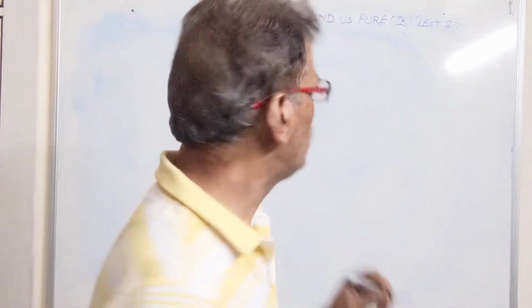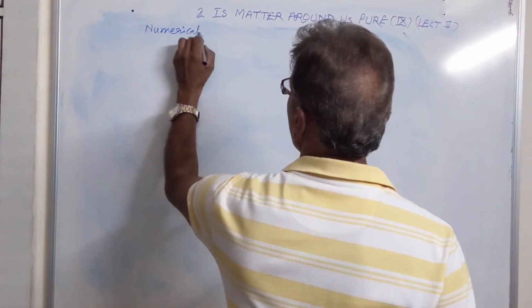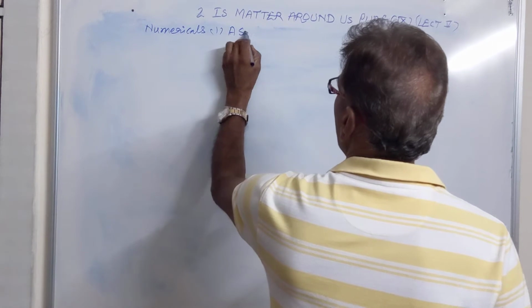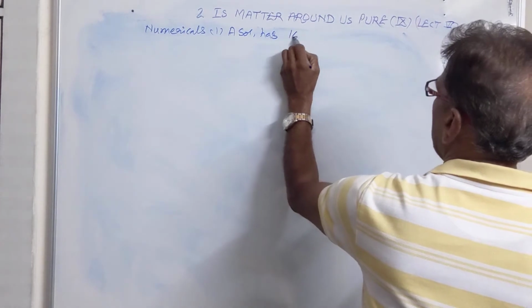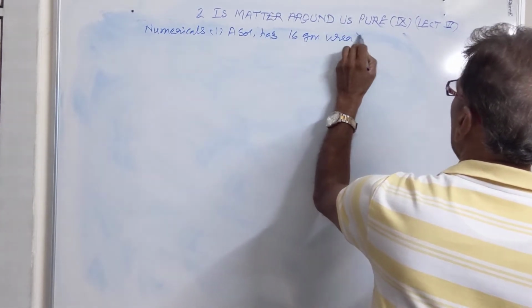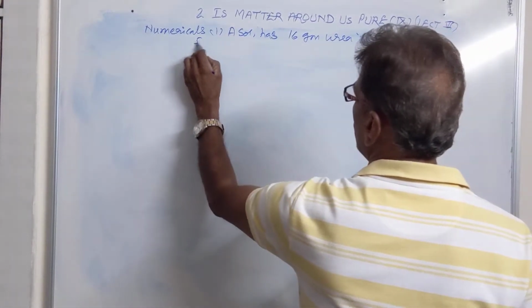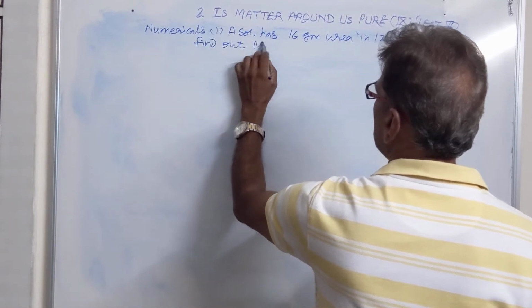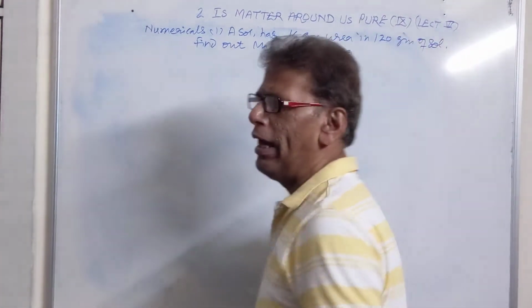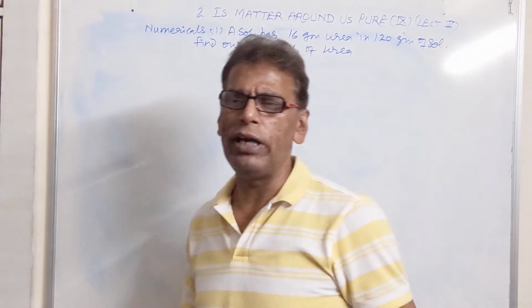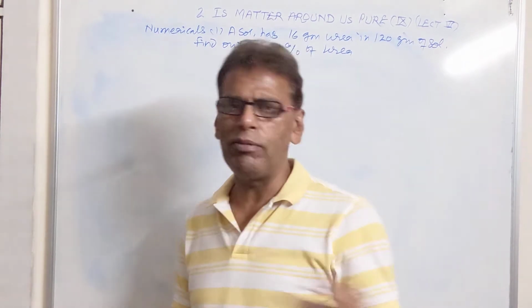First numerical: a solution has 16 gram of urea in 120 gram of solution. Find out the mass percentage of urea. To find the mass percentage of urea, we divide the mass of the urea by the total mass of the solution.